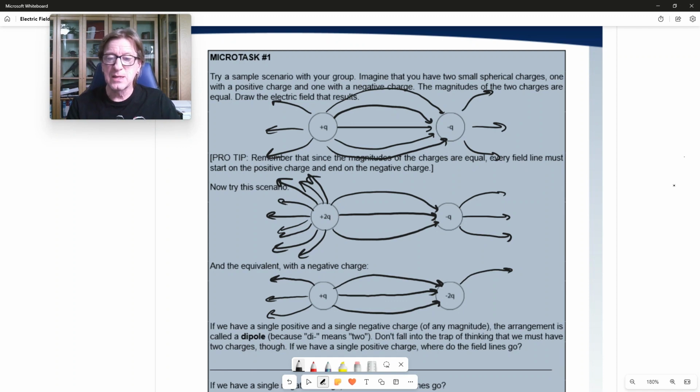So I've got 6 coming out, and this needs to land on the charge. Here we go. And I've got 6 coming in, but this is 2Q, which means I need to have 12. So I need an additional 6. So that's 1, 2, 3, 4, 5, 6. So it looks very similar to the case that we have above.